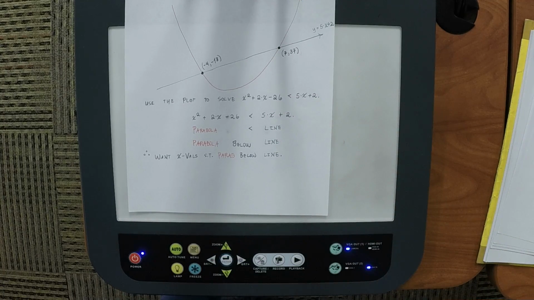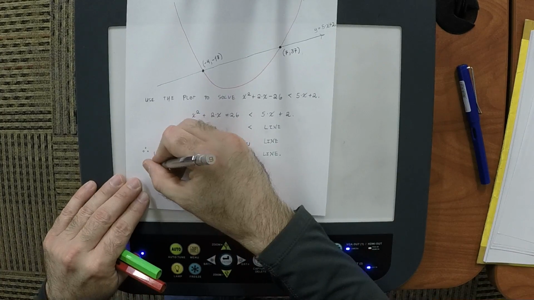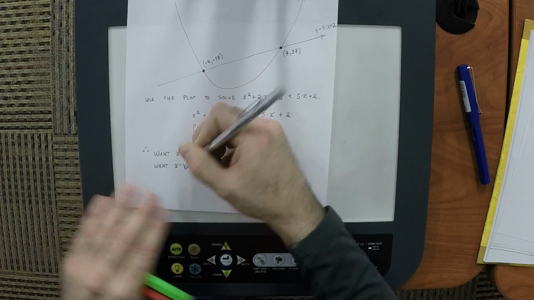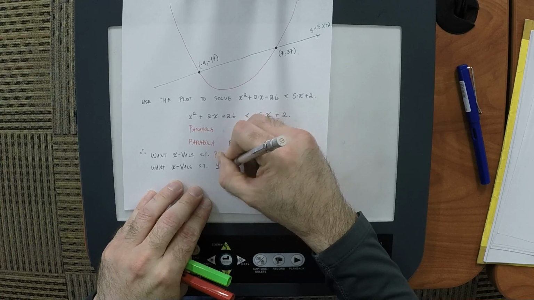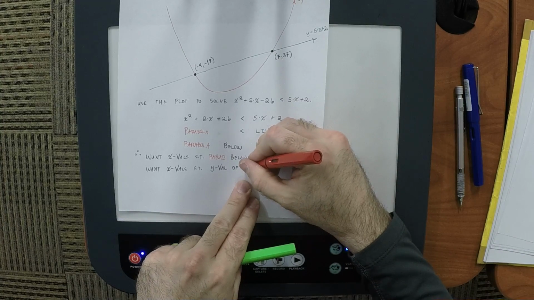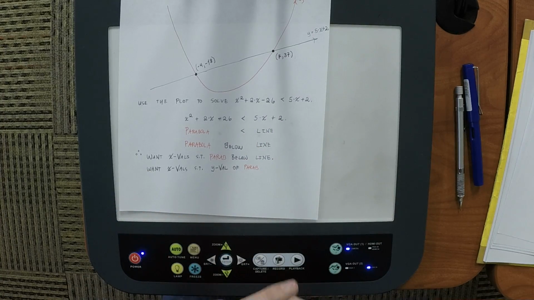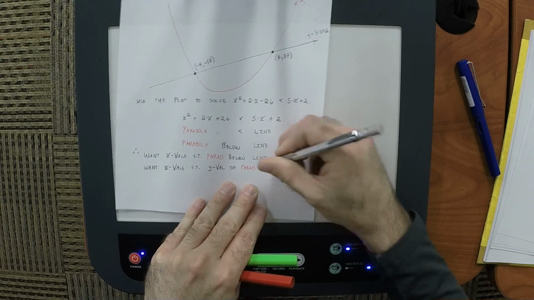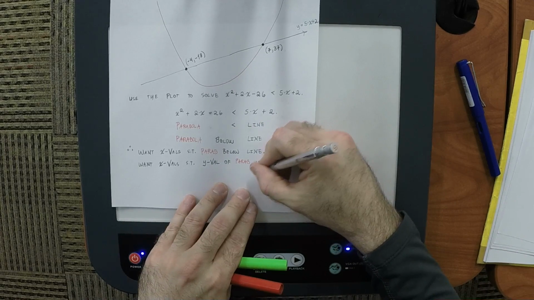And then translating it to be as precise as possible, we want the x values such that the y value of the parabola is less than the y value of the line.